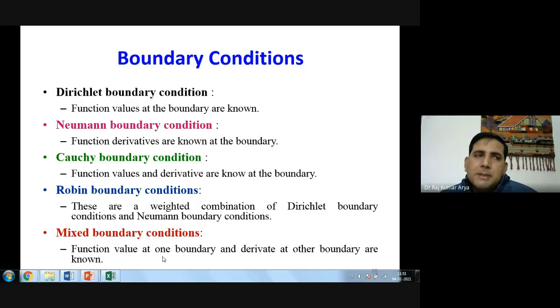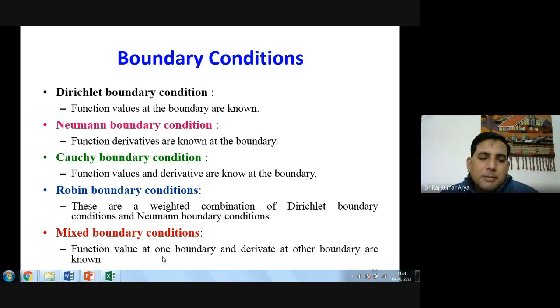Let's say you want to solve heat transfer from a furnace or a reformer. Inside the reformer you could have a pyrometer or a thermocouple which gives you the temperature, so you know the temperature there.